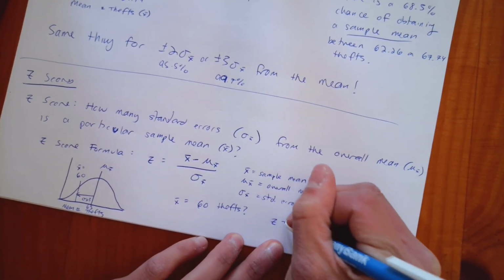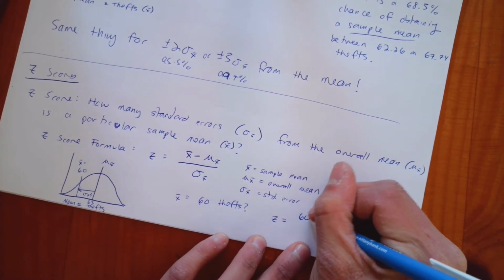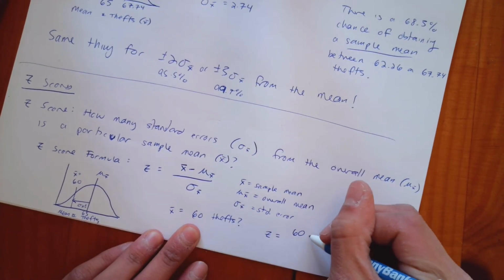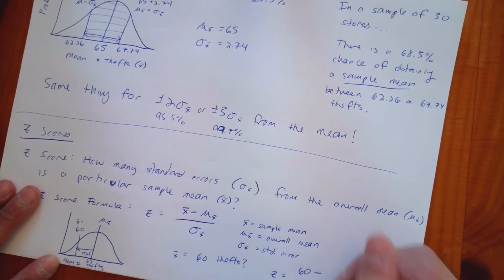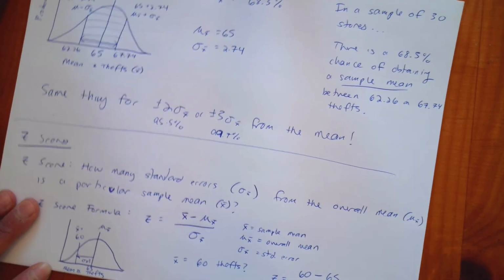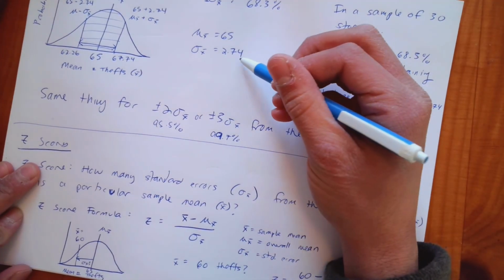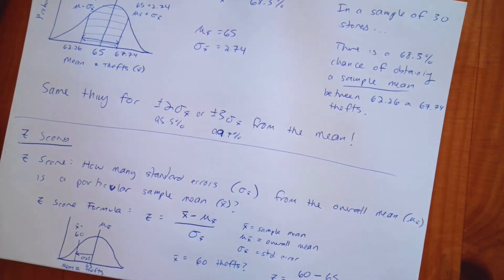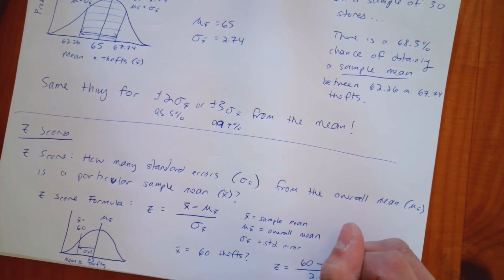We've got z here. We know that our sample mean is 60, so that's the value that we're looking for. We know that our overall mean of the sampling distribution is 65, so that's what we have up here. And we know that our standard error for the sampling distribution is 2.74, and that's what we calculated with the standard error formula on the last page. So we're going to divide by 2.74.